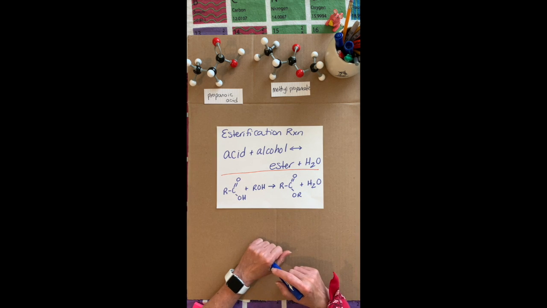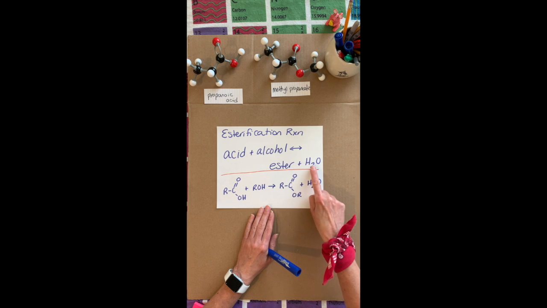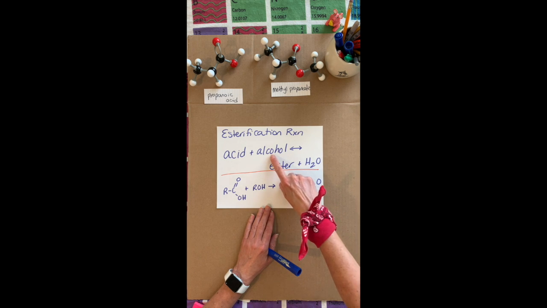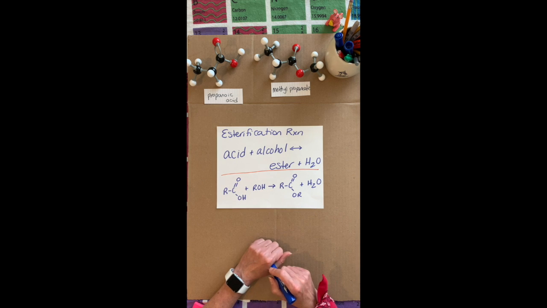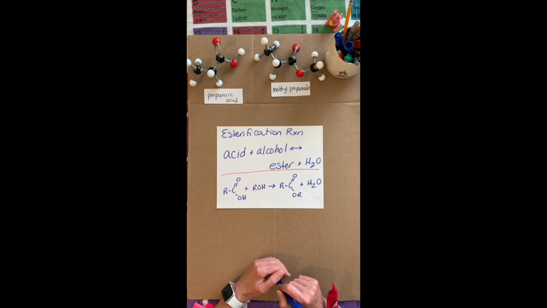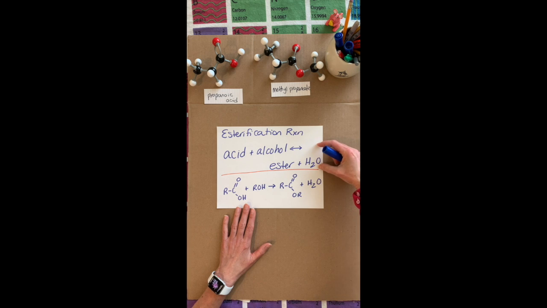Notice that this is a reversible reaction. I can take an ester and add water to it and create an alcohol and an acid. We're going to go in this direction now. So you could see the esterification reaction written this way. That's nice and easy to look at.